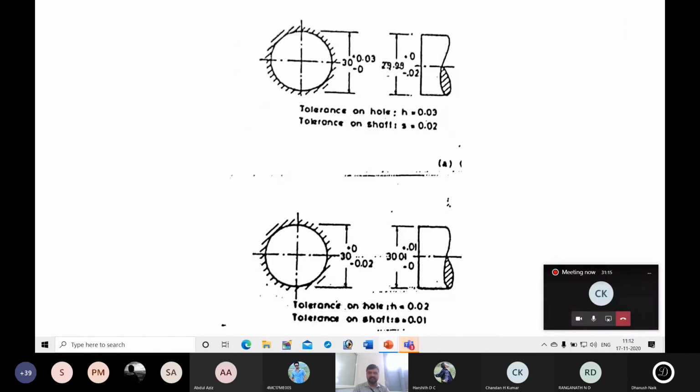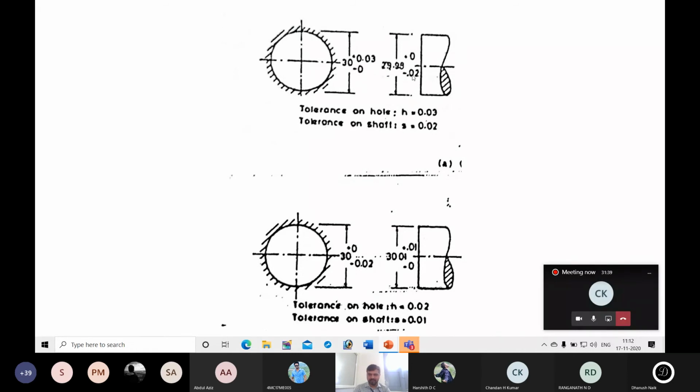Next, there are two components. This is the hole and this is the shaft. The dimensions of the hole are specified like this. The diameter of this hole is 30 mm. Upper tolerance limit is 0.03, and it doesn't have a lower limit.